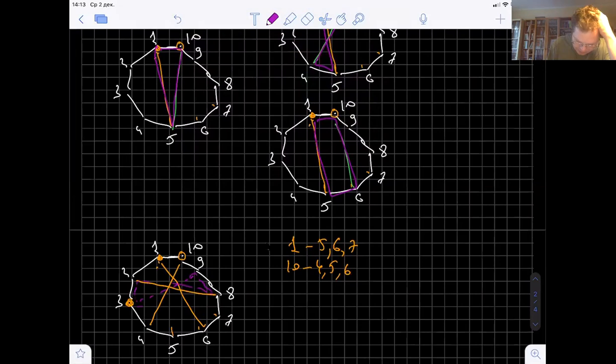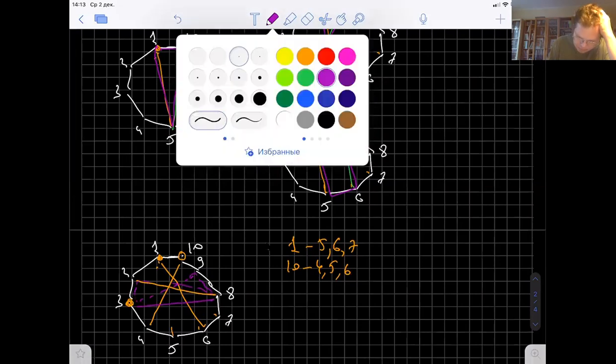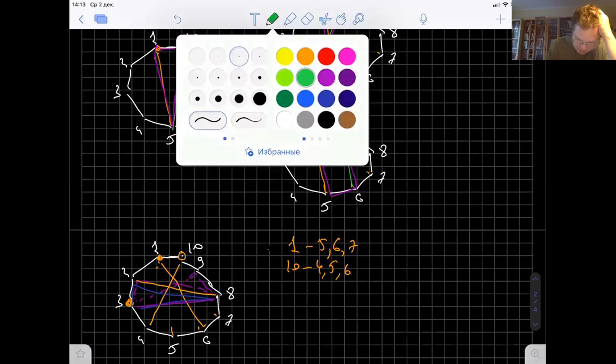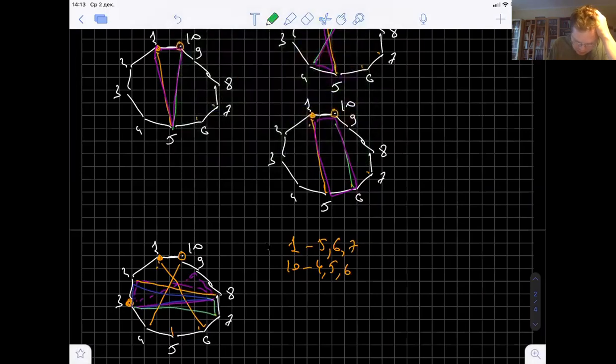It cannot be connected with 6 because we have, maybe I will draw a different color, this cycle, and it cannot be connected with 7 because we have this cycle. So again, we have a contradiction. So we just use the fact that we don't have 3 and 4 cycles here, and prove that there is no way of constructing a Hamiltonian cycle.